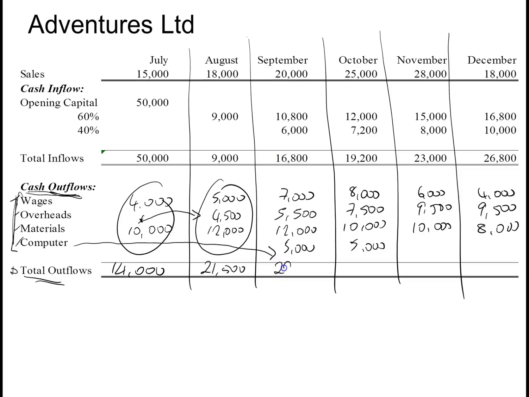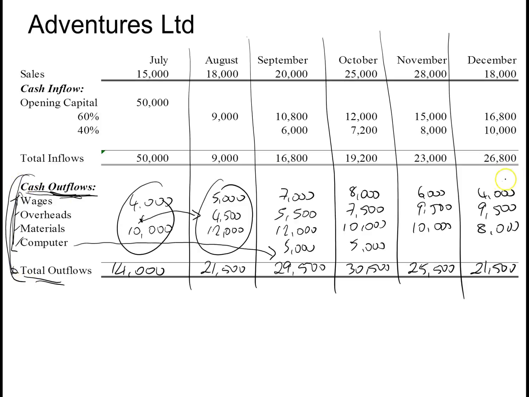For September, it's 29,500. For October, 30,500. 25,500 for November, and 21,500 for December. Now, that is the total cash outflows, or if you prefer the term, total cash payments.